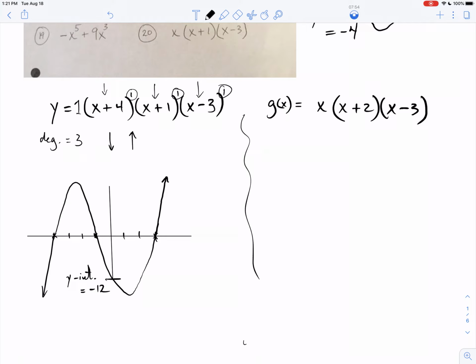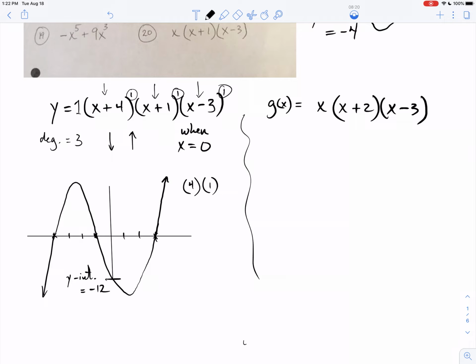How do you find a y-intercept? Well, for anything mathematical, if you want to know where it crosses the y, you plug in x equals 0. So when x equals 0, I would be left with not x plus 4, but 0 plus 4. I'd get 4. Not x plus 1, but 0 plus 1. I'd get a 1.